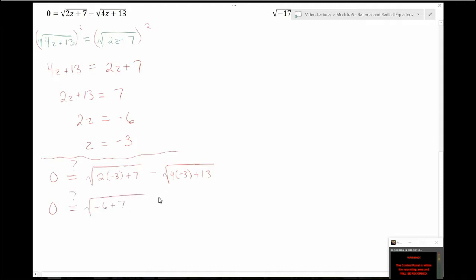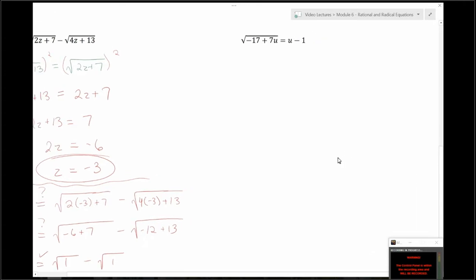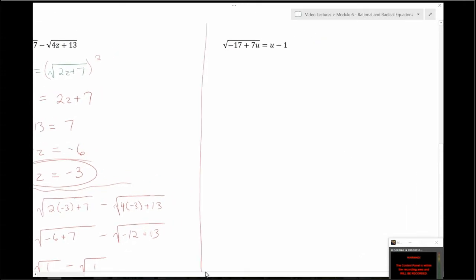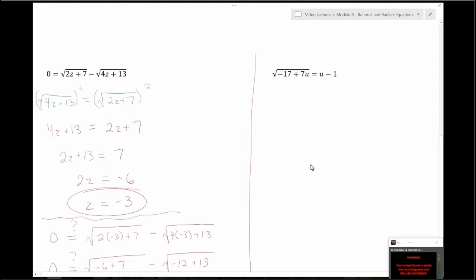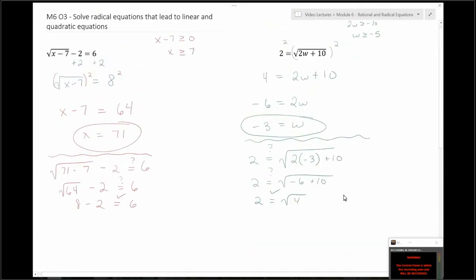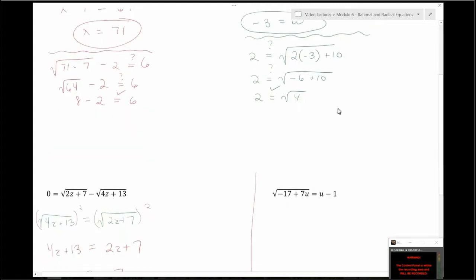So that's negative 6 plus 7, negative 12 plus 13. Is 0 equal to the square root of 1 minus the square root of 1? Absolutely. So negative 3 is the solution. So in all three of these cases, the square root led to a linear equation, and so there was only one solution to check.